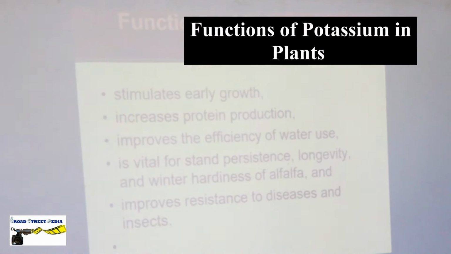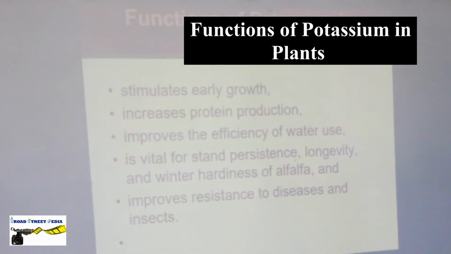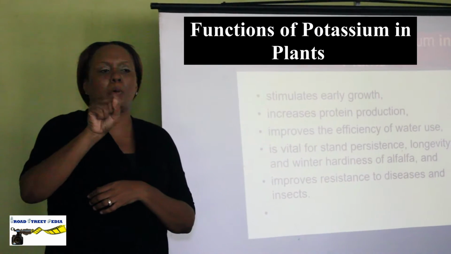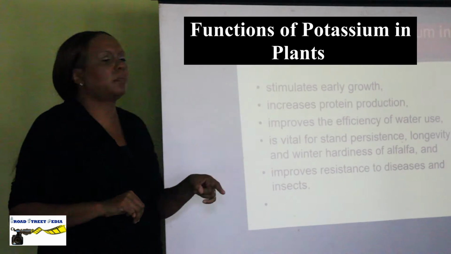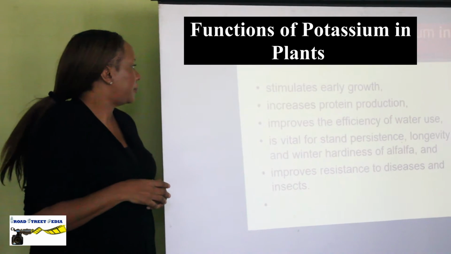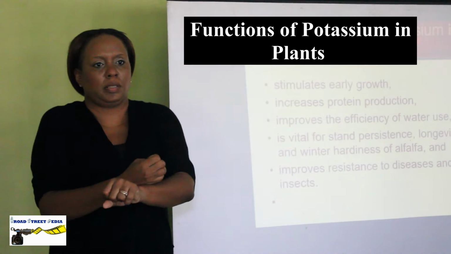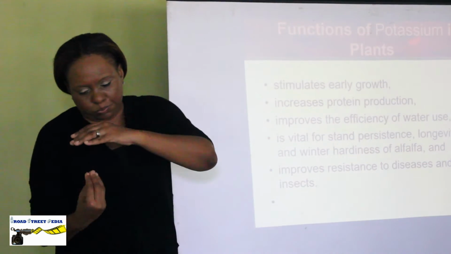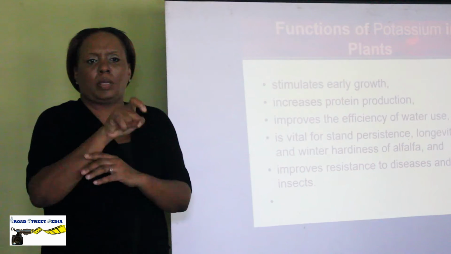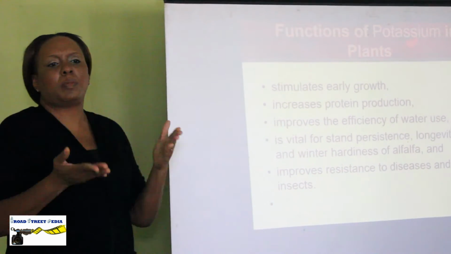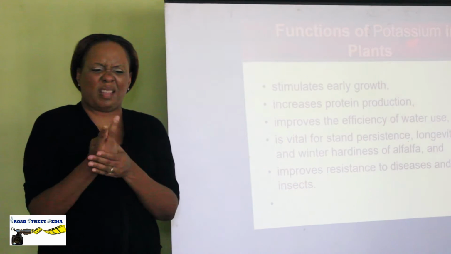Okay, the last one is K, which is potassium. What potassium does, as Don said, is give the plant energy. It helps transfer the nutrients through the plant from the top to the bottom, and it gives vigor. So when you think the plant is not growing properly, it may need just potassium.